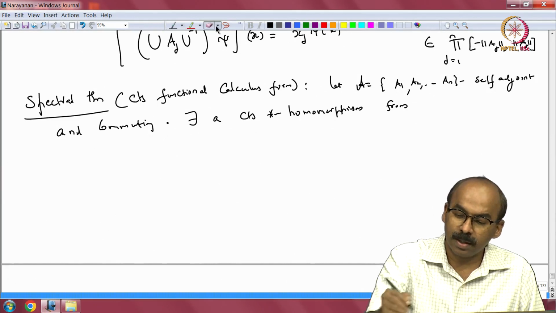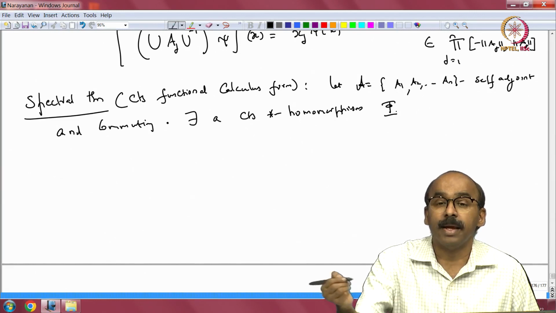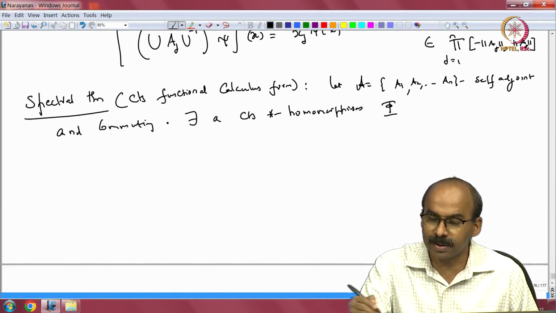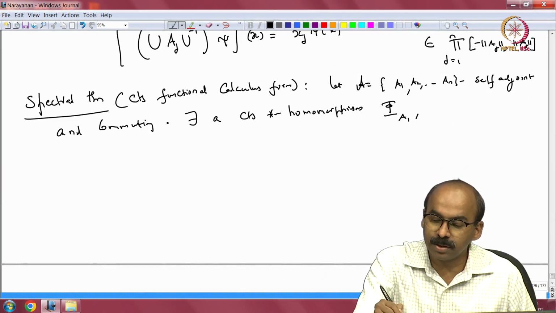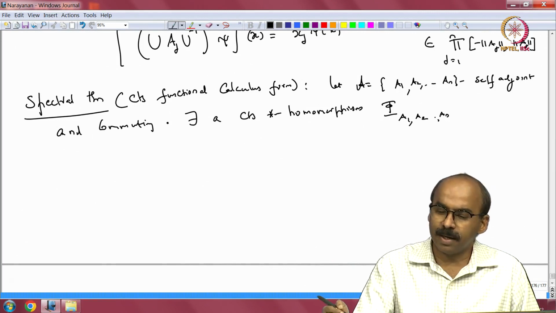In the case of a single operator, we denoted it by capital phi sub a. Let us call it phi sub a1 a2 etcetera a n, just to say that there are n many. We will simplify the notation later.